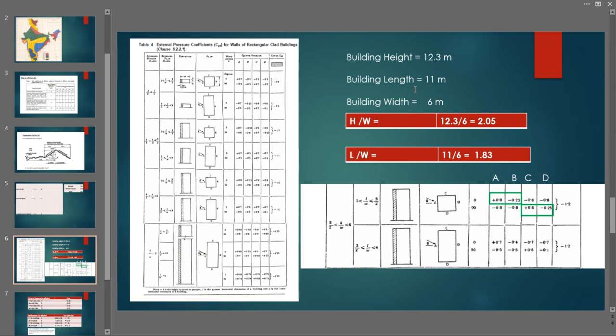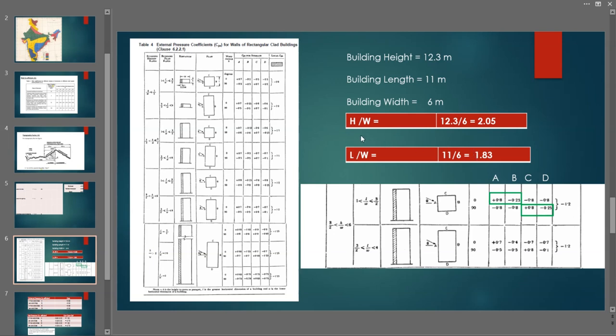After that, you have to find the height by width ratio. Height is 12.3, you divide it by 6, and you will get this value as 2.05. And after that you have to find the L by W ratio, that will be 11 divided by 6, which is equal to 1.83.